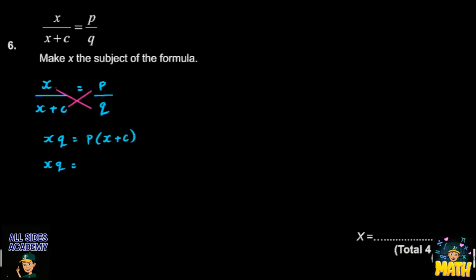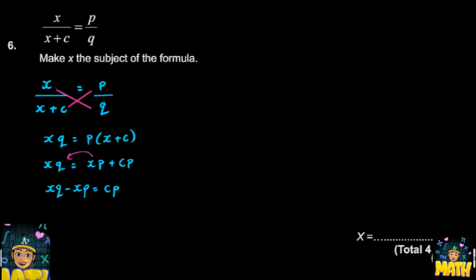So xq equals, I open the brackets by multiplying the p to each of those letters inside the bracket. And then I need all the x's on one side. So I bring them to the left-hand side. xq minus xp equals cp.